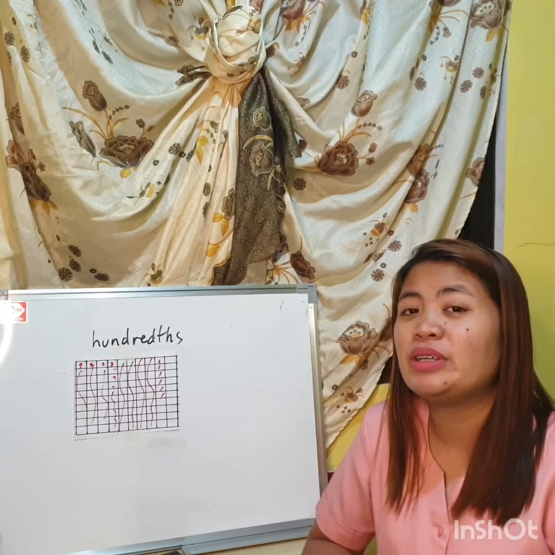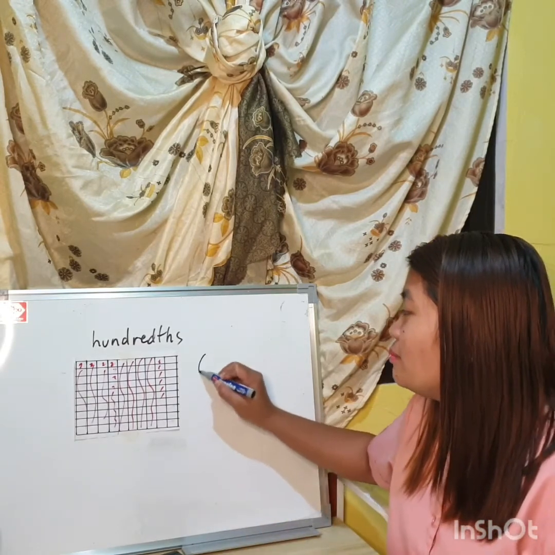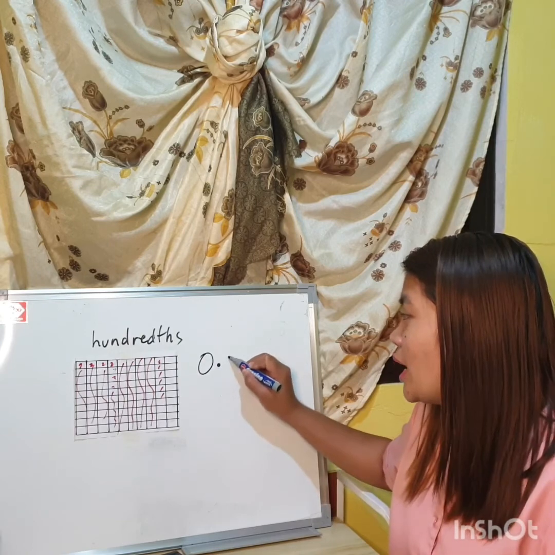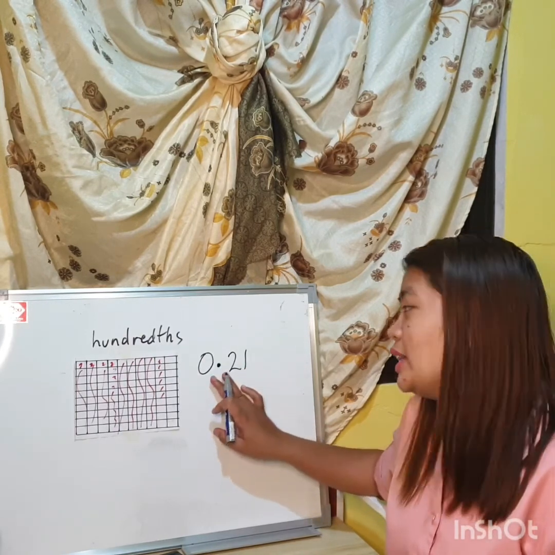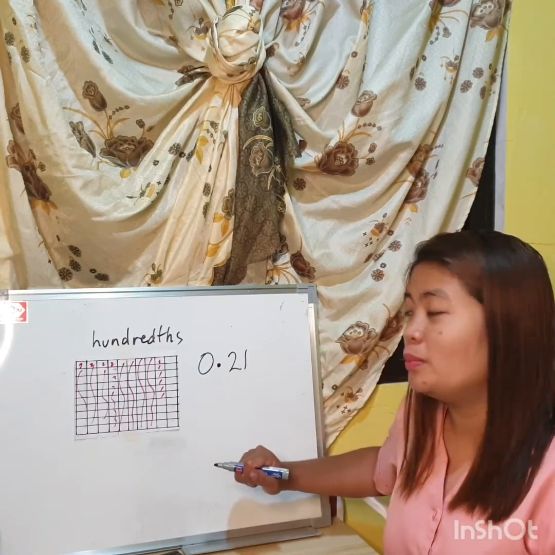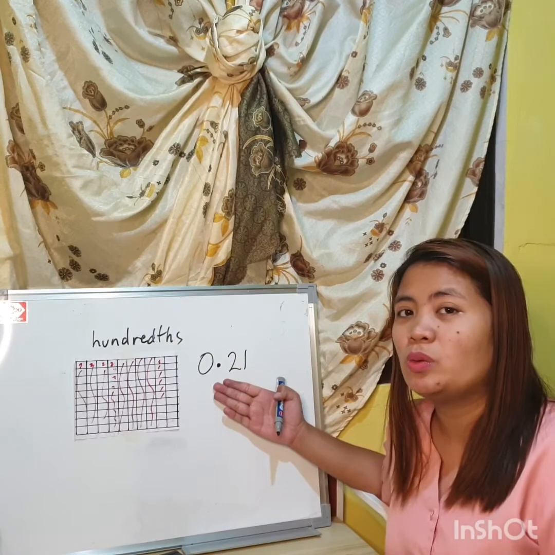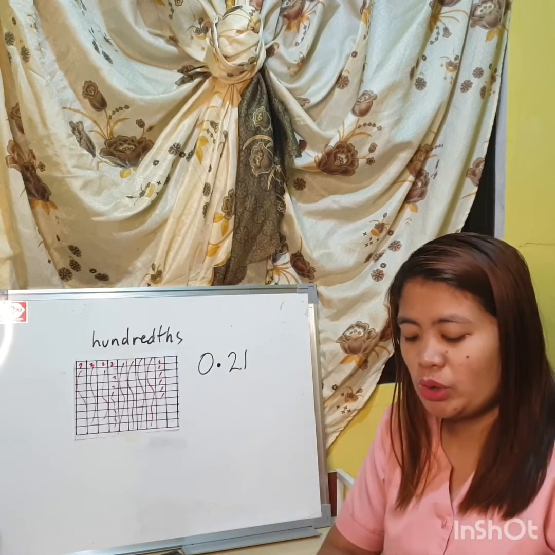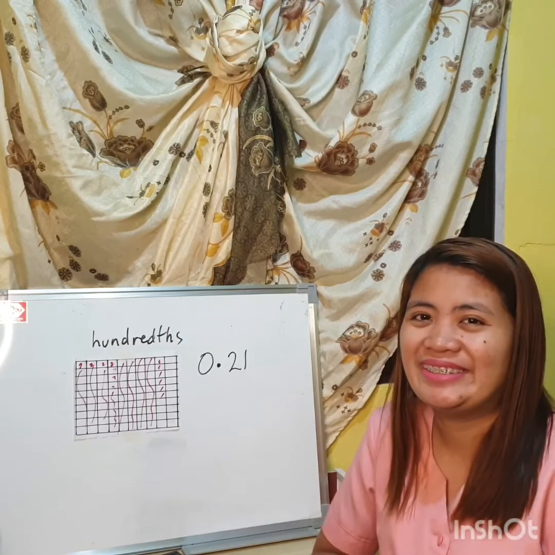It can never be greater than 1. And para isulat ang decimal number, laging tatandaan, gumagamit po tayo ng decimal point. Ang tuldok na ito, ang tawag po dito ay decimal point. So, kapag binasa po natin ito, we read this as 21 hundredths. So, iyon po yung tinatawag natin na decimal number.